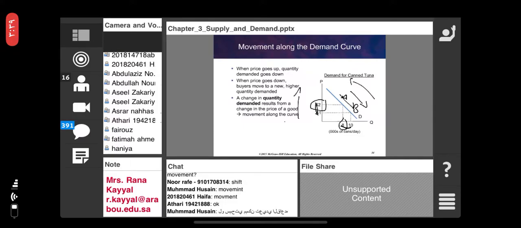This part movement on the curve اللي هي moving from point A to point B. انتقلت على نفس الرسمة.